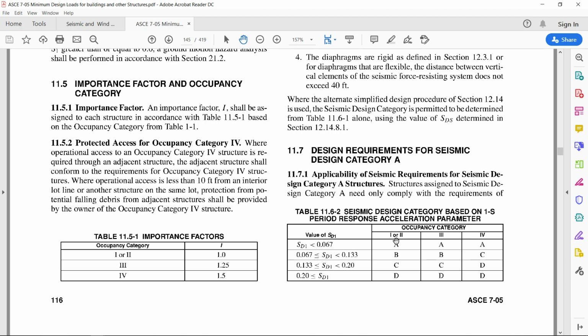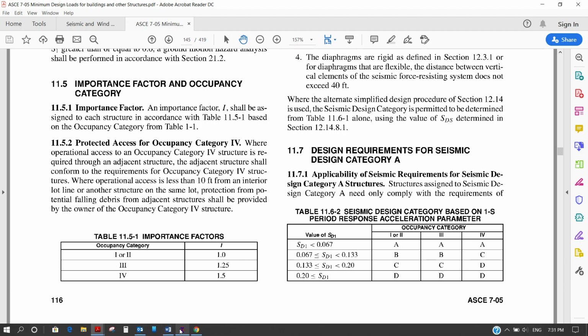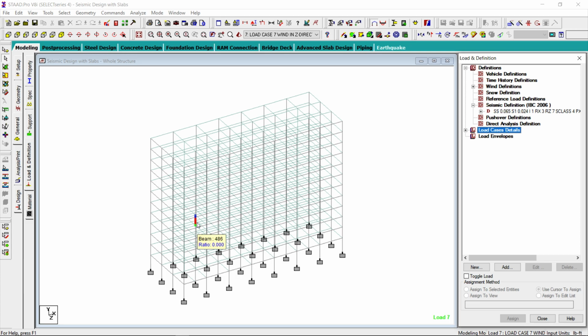The example which I am following here is a seismic design category A structure. That means there is no special requirement. This is in a very low seismic area. Basically, we can say that seismic conditions are not applicable. So we only have to design this building as per ACI 318.